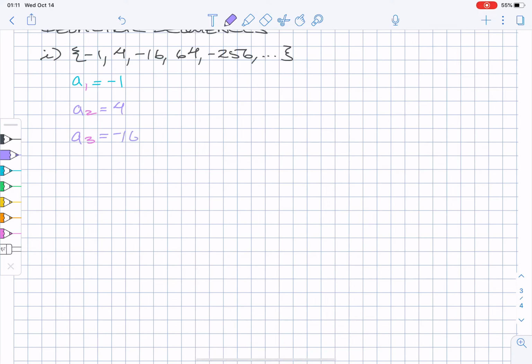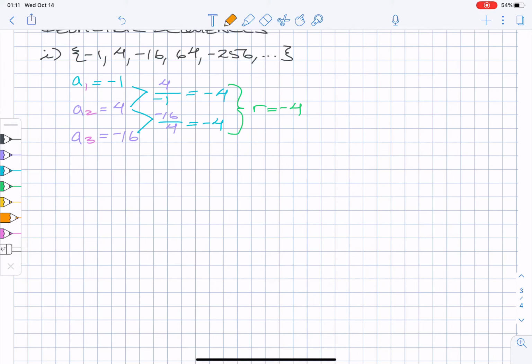And that should be enough. So to find my common ratio, I'm going to do next term divided by previous term. So that's going to give me -4. Is that indeed my common ratio? Well, let's see. -16 divided by 4 is -4. Okay, so my common ratio is -4.